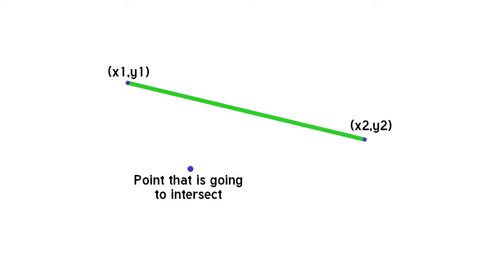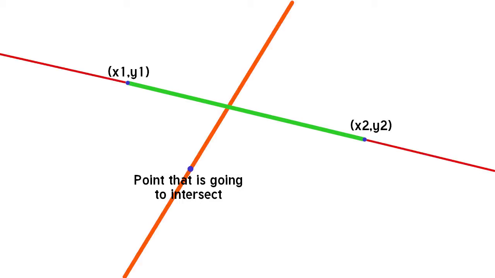With this, we can use a theorem of line equation that states if there's a given line and point, then there's a line that goes through the point, and that line is perpendicular to the given line. I provided a resource about this theorem in the description.